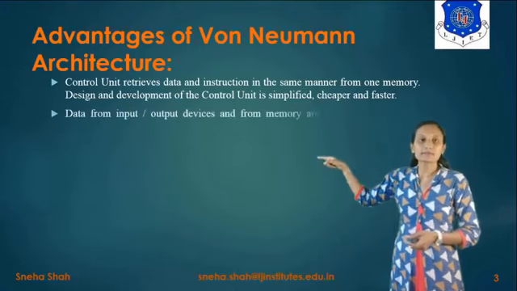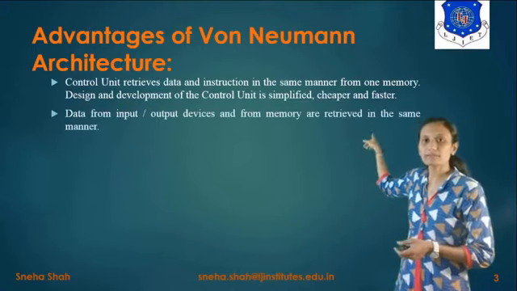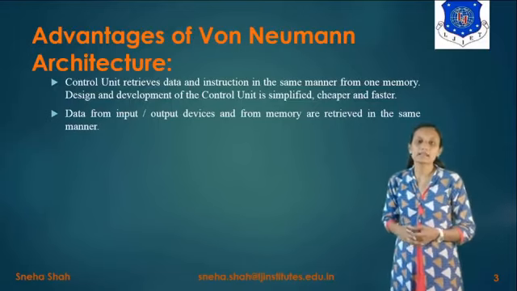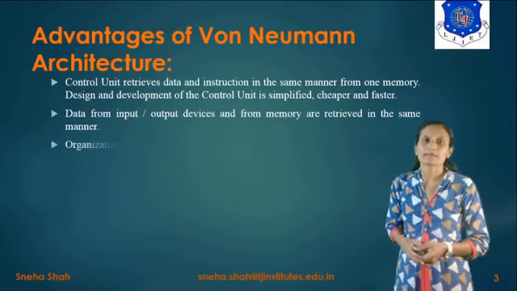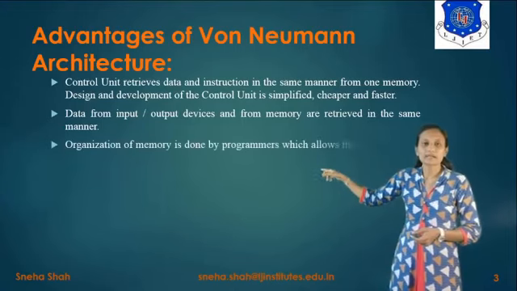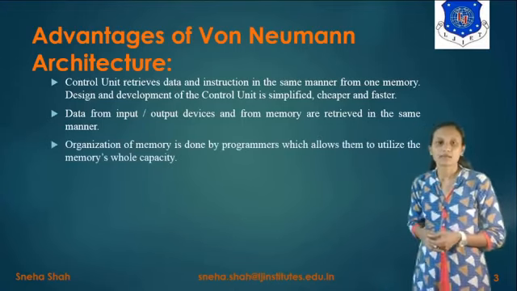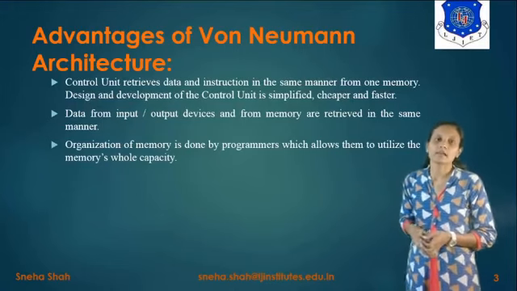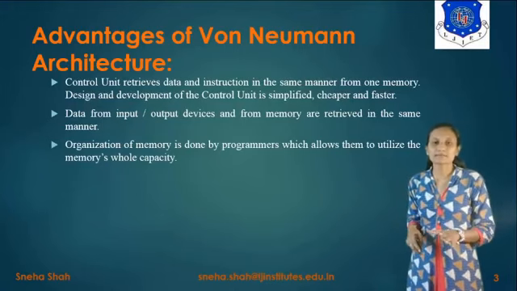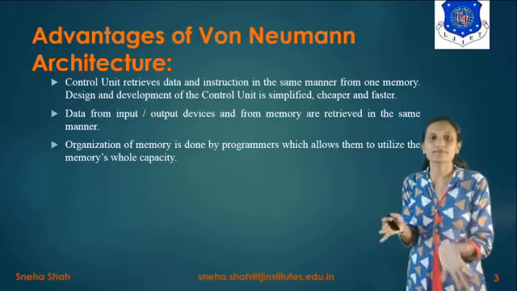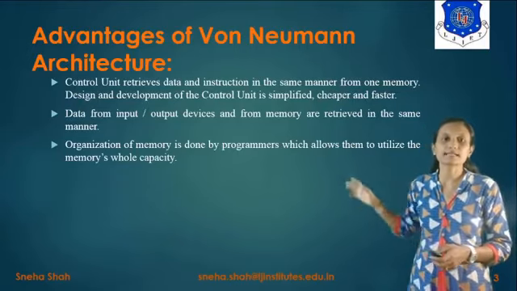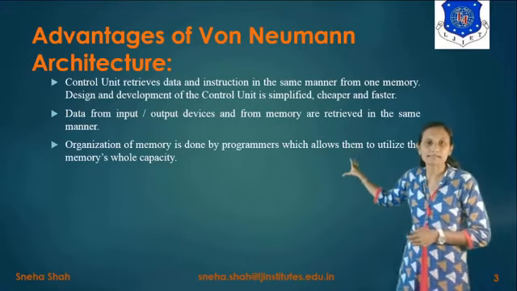The data from the input and output devices and from the memory are retrieved in the same manner, so it is in an easy format. And the organization of memory is done by the programmer, which allows them to utilize the memory's whole capacity, because the whole memory location stores the data as well as instructions.